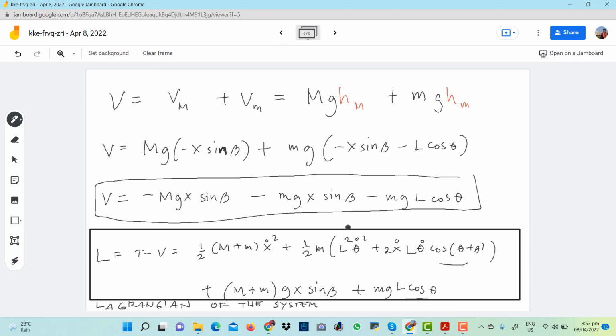Okay. So if I derive this with respect to theta na ako'y cosine, derivative of cosine is sine minus sign. Okay, so nakoy minus sign dira. So I have 2, mawala si 2 no? M L theta dot sine of theta plus beta.